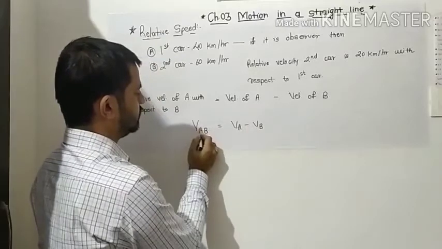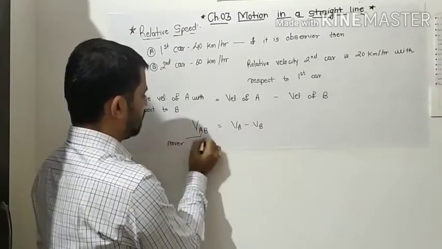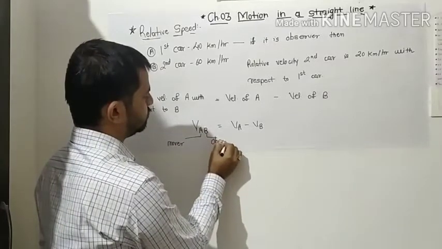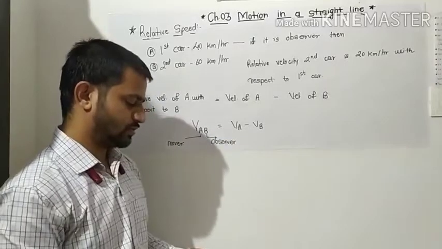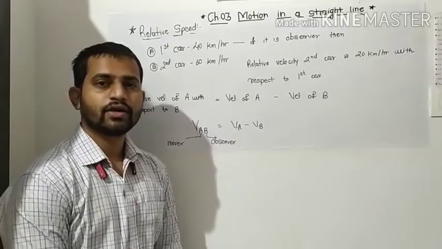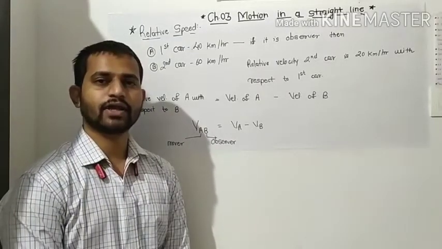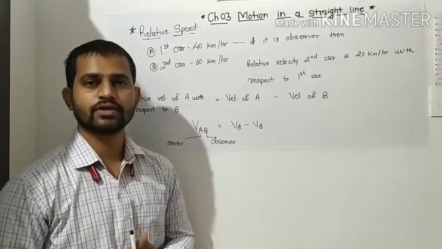In this case, this is the mover and this is the observer. Whenever we have to give the velocity of any body with respect to another body, it is important that we consider what is the observer and what is the mover.